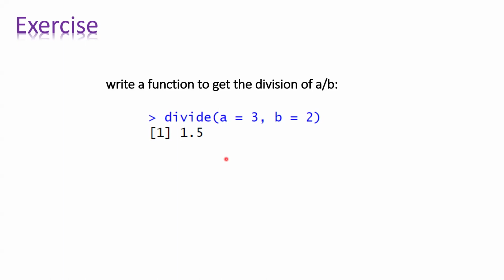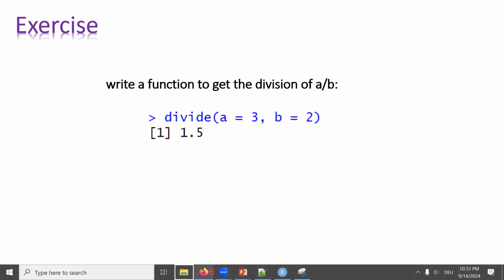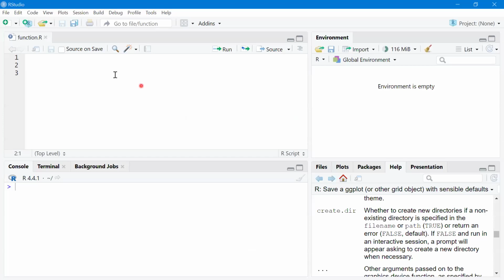And when we input A equals 3, B equals 2, it will give us the value of 1.5. So now let's open RStudio. Here. So divide.